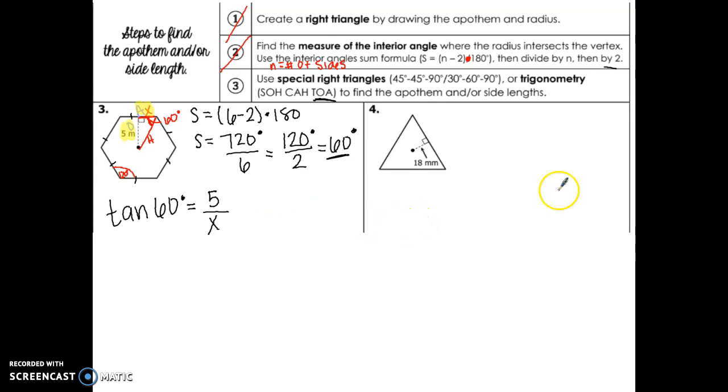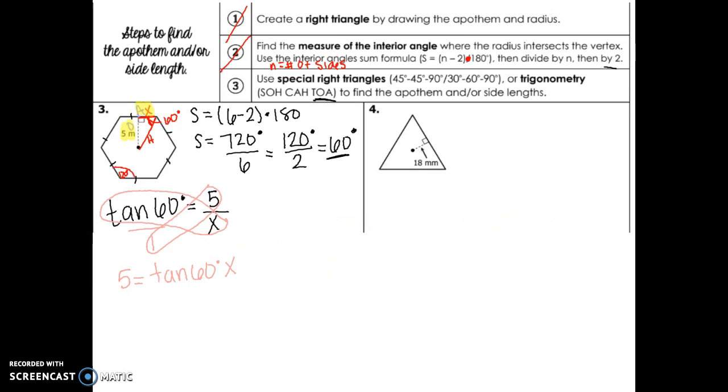And so we can now start our trusty butterfly. So I'm going to put this over 1, and then I'm going to draw my butterfly. So we would say 5 times 1, that is just 5, equal to tangent of 60 times x. That just becomes tangent of 60, of course, times x.